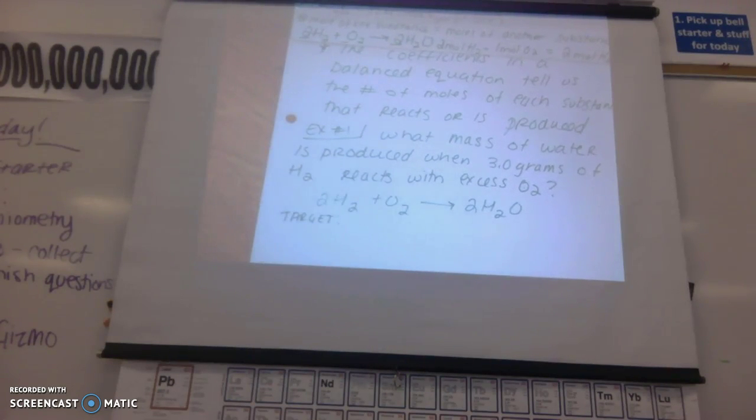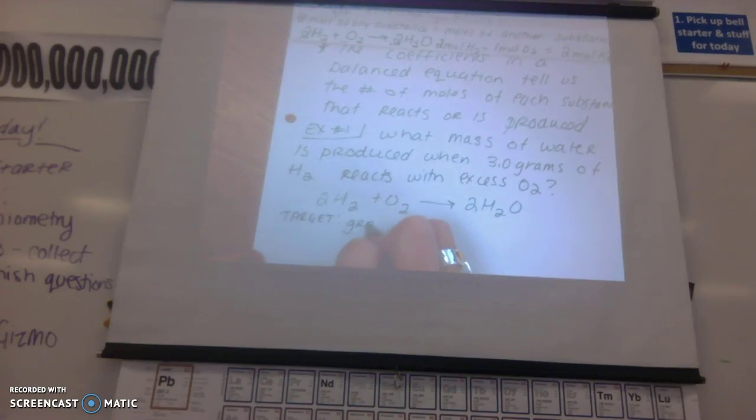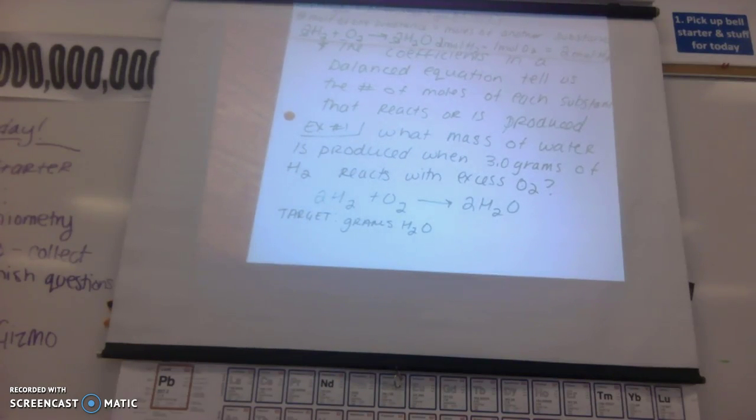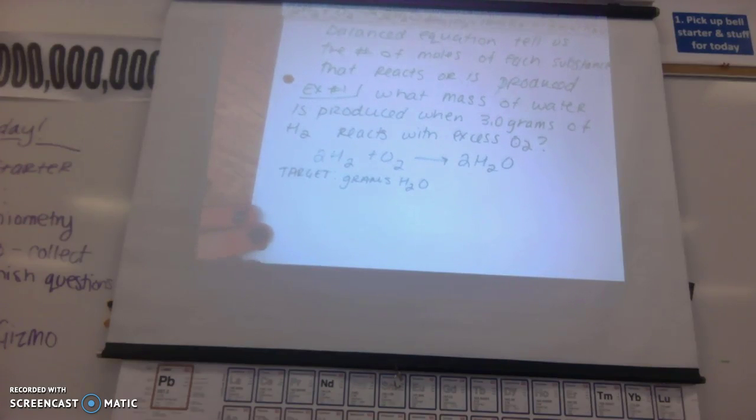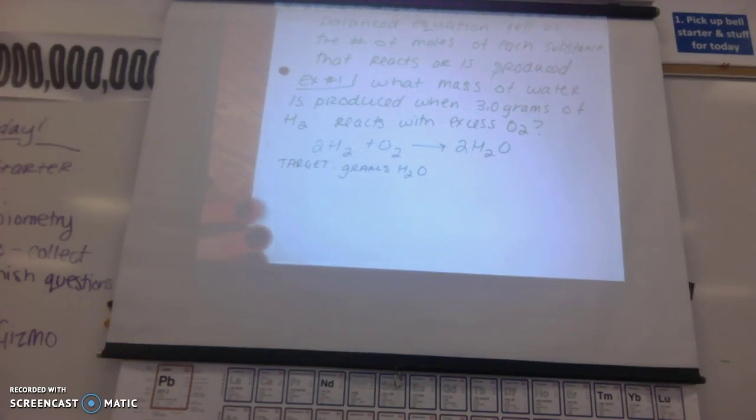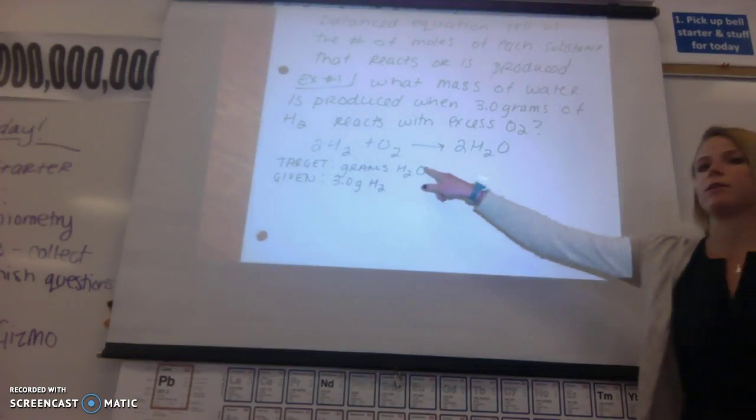Mass of what specifically? So we want grams of H2O. What value is given to us in the problem? 3 grams of what? 3 grams of H2. So now we have to start being specific about what substance we're talking about.